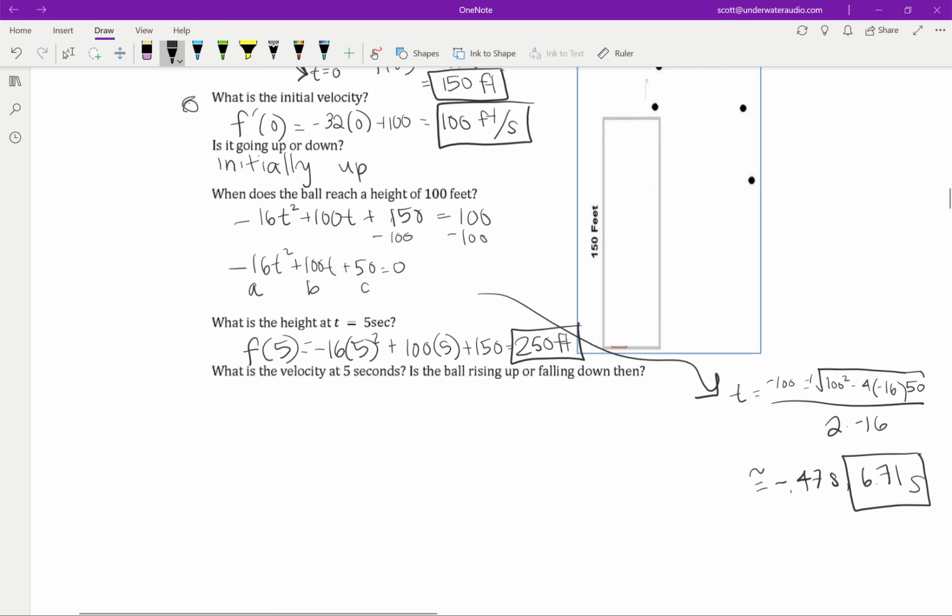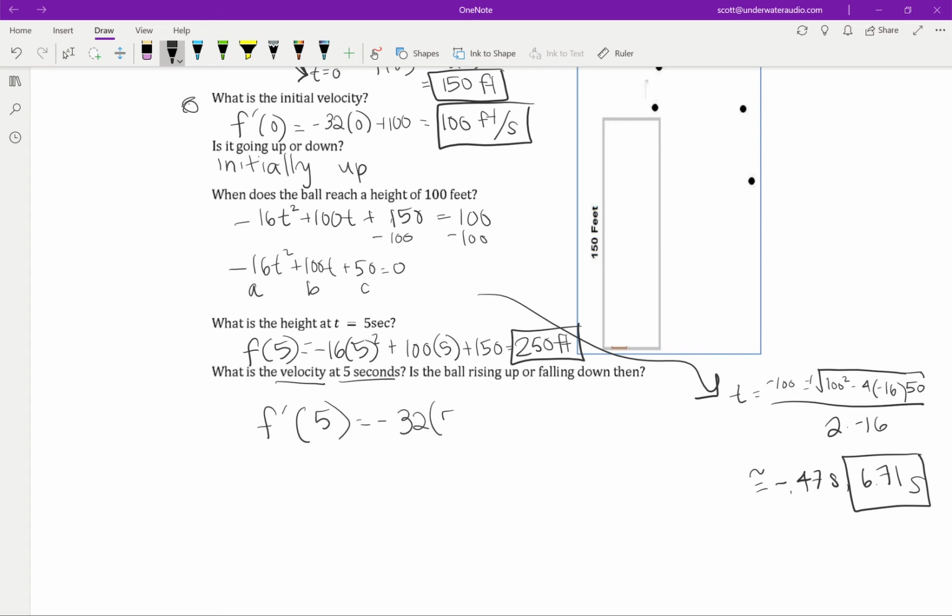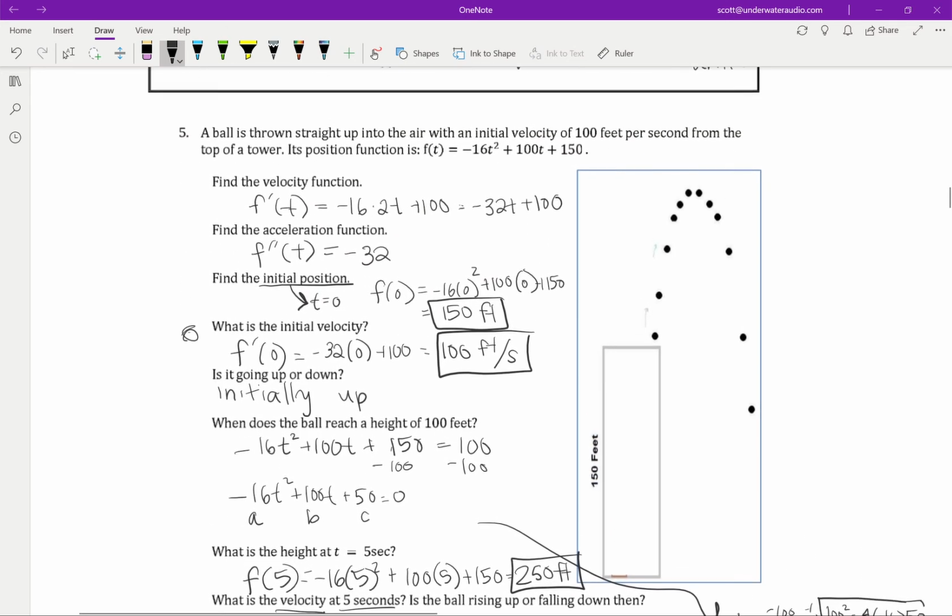What is the velocity at 5 seconds? So velocity, that tells me I want f prime. I'm plugging in 5 for t. So that would be negative 32 times 5 plus 100. Let me make sure that's right. What was the velocity?